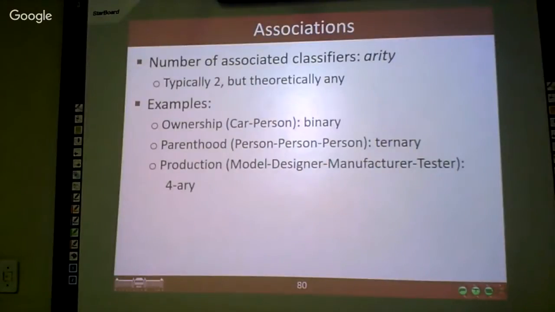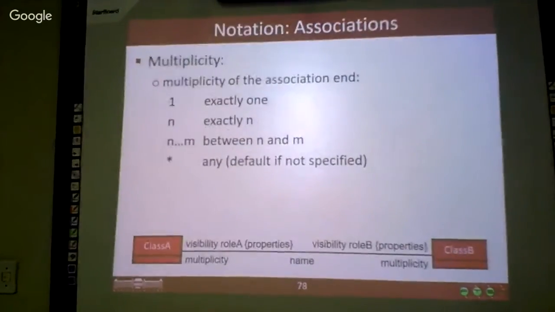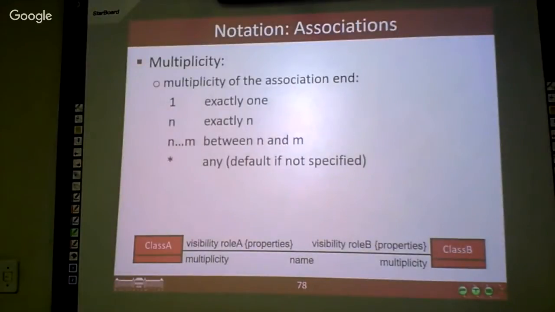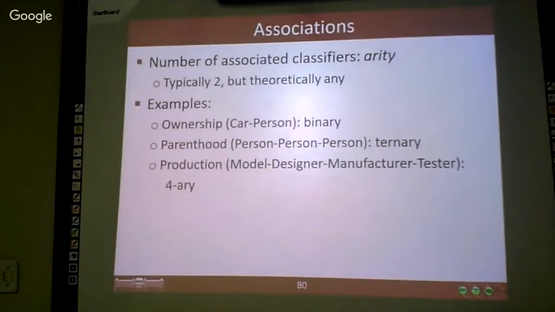And the number of the associated classifiers is called the arity. It is typically 2. So here you can see we have 2, but theoretically it can be any. So we can build hypergraphs by using these associations.